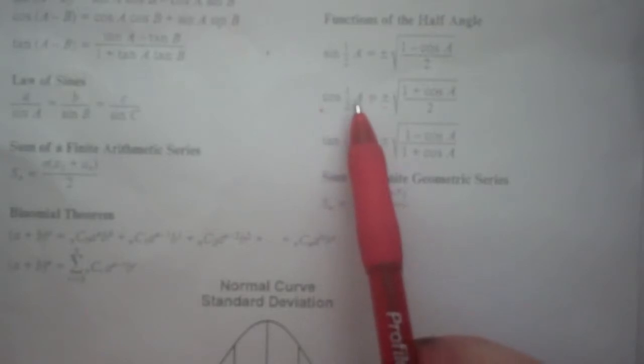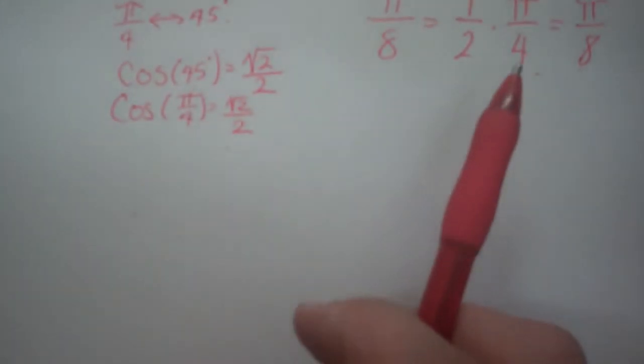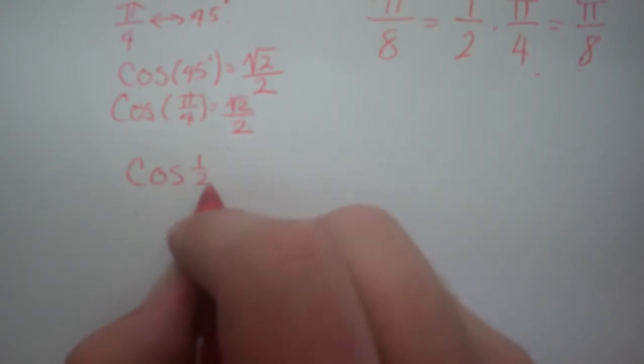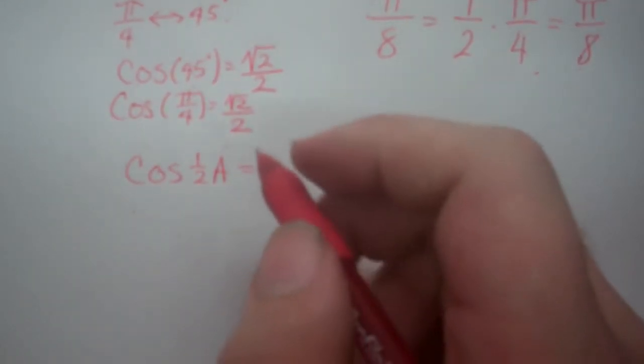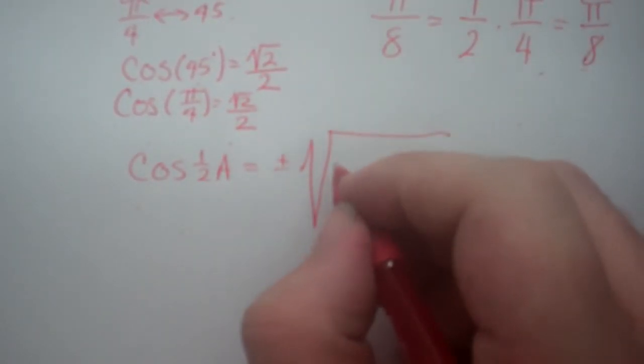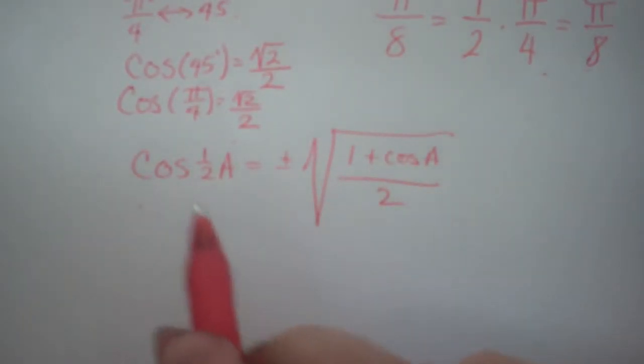Take a look at your reference sheet and look at where it says functions of a half angle. Right here it says the cosine of 1/2 a is equal to plus or minus the square root of 1 plus the cosine of a divided by 2. That will be a useful formula for us here. I'll write that formula down so it's easy for you to see. The cosine of 1/2 a is equal to plus or minus the square root of 1 plus the cosine of a, and then the whole thing divided by 2.